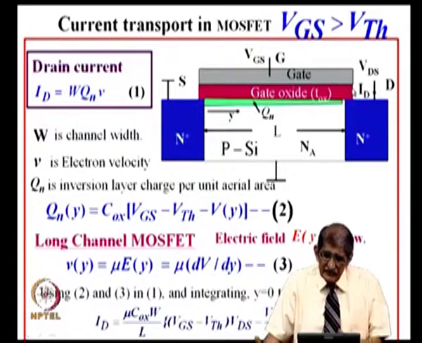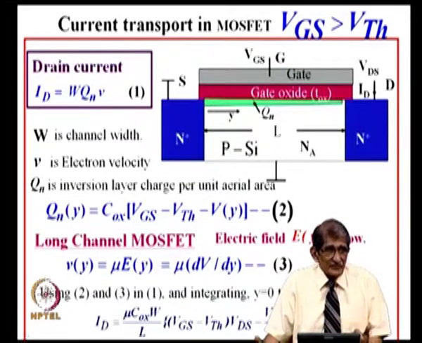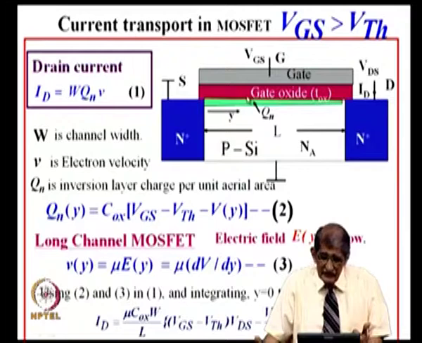What I am talking of is this applied VDS is 0 here. Therefore, the voltage available for this inversion here is equal to Vg minus V threshold. If you move in this direction from here to here, there is a voltage rise equal to VDS. If I take any point y here, there is a potential rise from here to here equal to Vy.